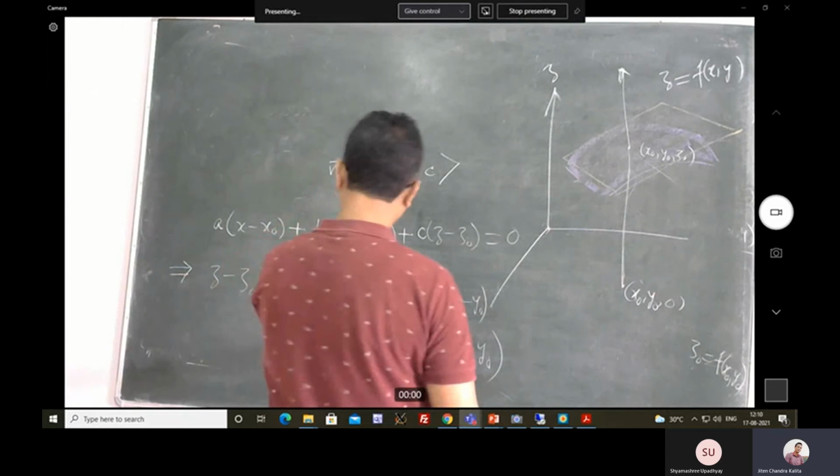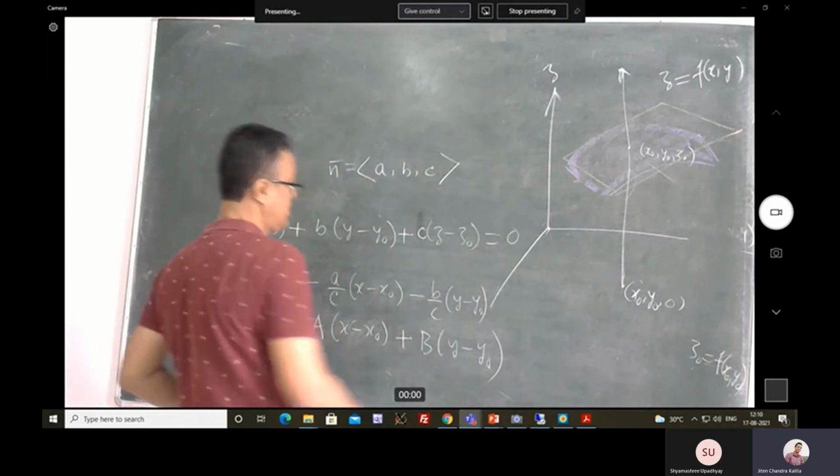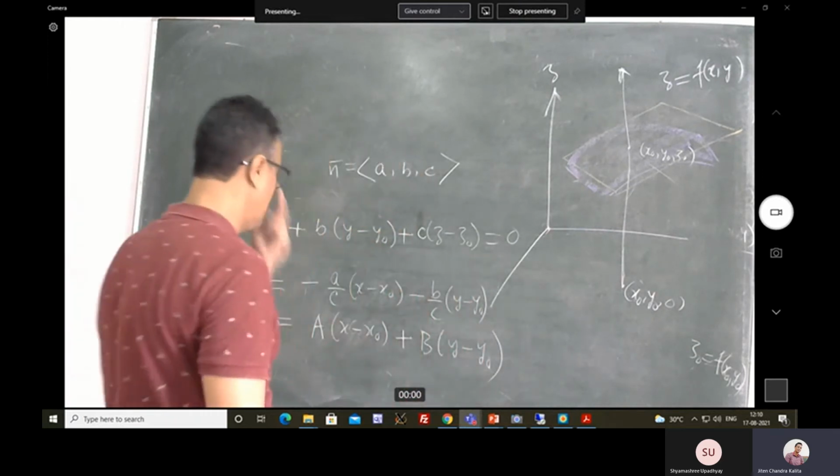And of course, capital A is equal to minus a by c and capital B is equal to minus b by c. Fine. Now let us see what is happening out here.